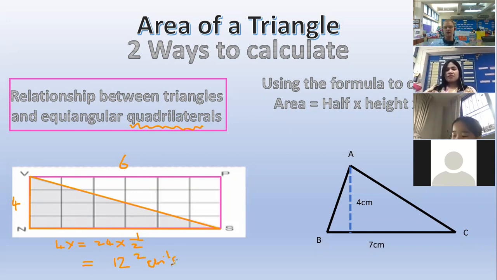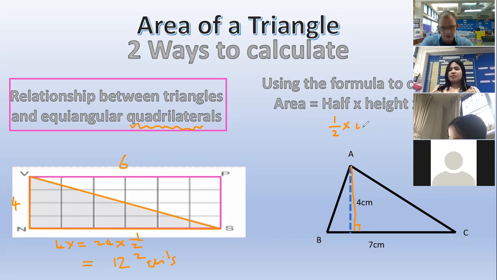Okay, just to make 100% sure you understand. And on the other side, we have the formula, which is the half times the base, times the height, which is the line running from the apex perpendicular to the base. And perpendicular means it creates a 90-degree angle.